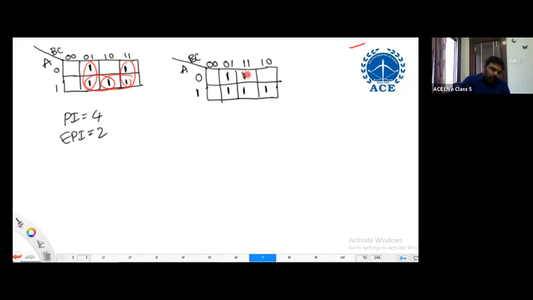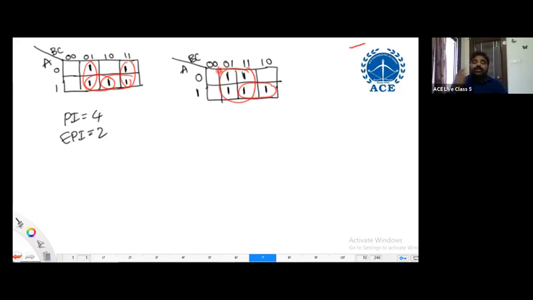Then grouping is possible: 1, 2, next 3, 4, 5, 6 are wrong because it is already a quad. If you are grouping these two, it becomes a subgrouping. Subgroupings are not prime implicants, because if you use these two as a grouping, there is a possibility for expansion to 4.